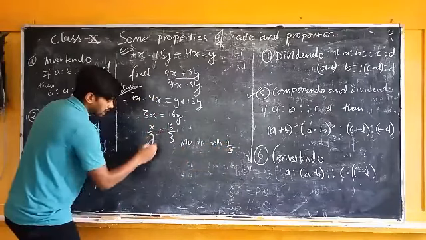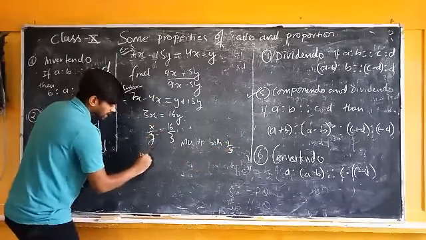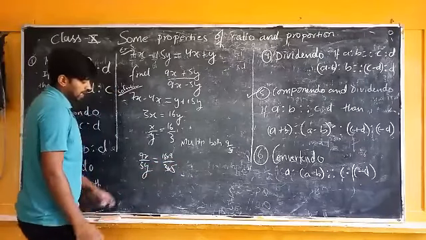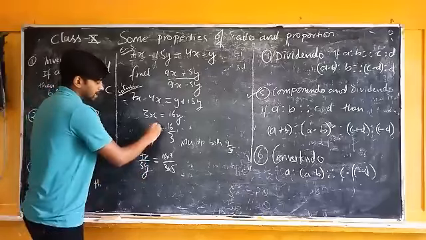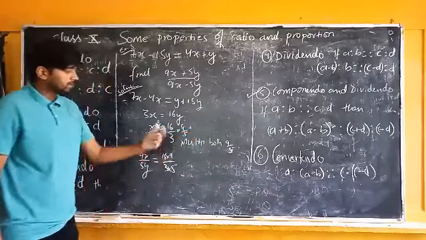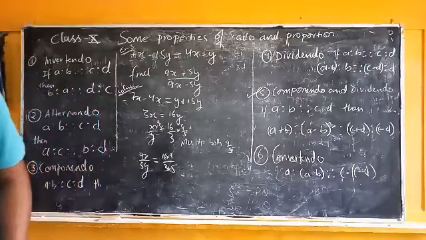So if I multiply over 9/5, so 9x over 5 equals to 16 into 9 and 3 into 5. 9/5 मैंने दोनों तरफ मल्टीप्लाई कर दिया, 9/5, इधर भी 9/5.